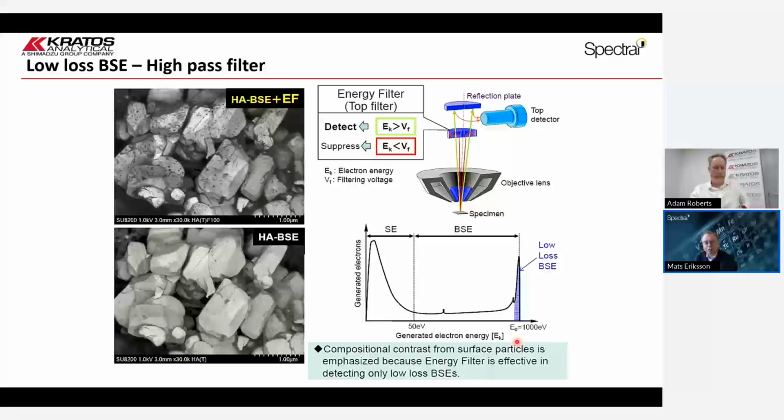Here we can see the same energy, 1 keV primary electron energy. The bottom image is a traditional backscatter collection image with Z contrast. On the top image, the energy filter has been added to remove any backscatter electrons that have lost some energy in the collisions. So this is from the surface, and we can see there is surface contamination there, again with nice lateral resolution.